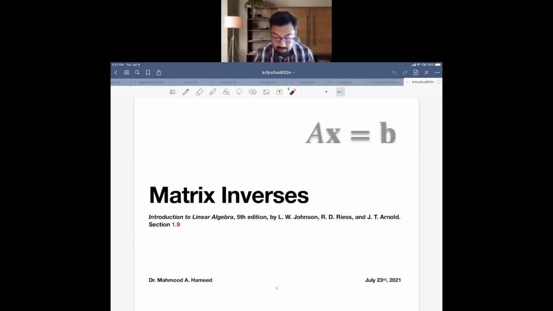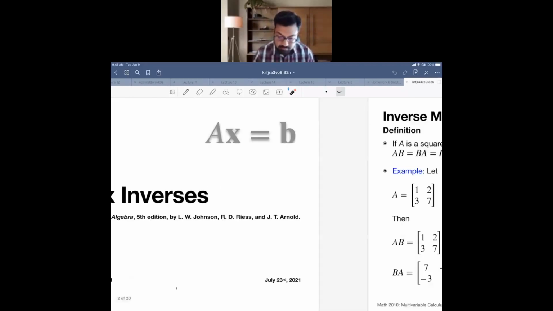So in order to invert the matrix, we need to look at how we can do it for 2 by 2, 3 by 3 matrices, or any square matrix in general. So we'll be limiting our discussion to square matrices.